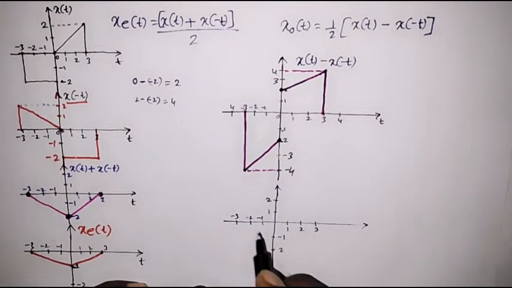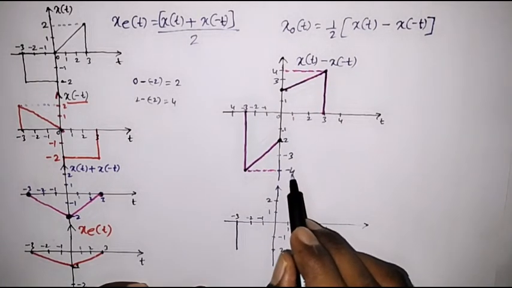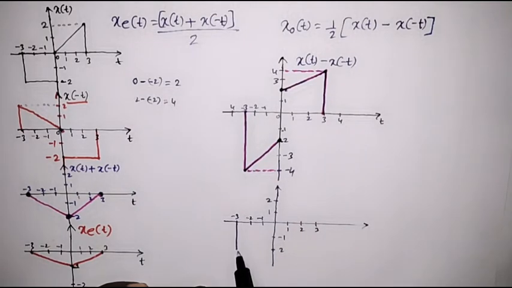So here, half of this which was at minus 4, now the amplitude will be minus 2, and we are supposed to join it at minus 1.